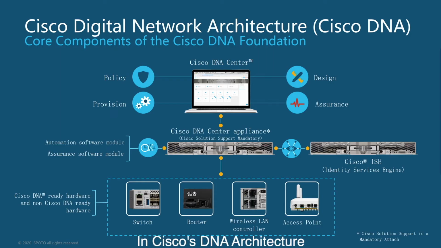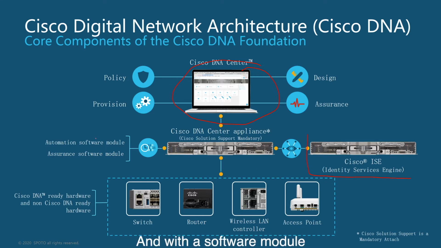In Cisco's DNA architecture, this slide shows the overview. At the top, it's Cisco DNA Center. It's a piece of software sitting on top of a Cisco hardware appliance. It's a server. And at the right side, this is Cisco ISE, Identity Services Engine. You can understand this as a Cisco Radius server.